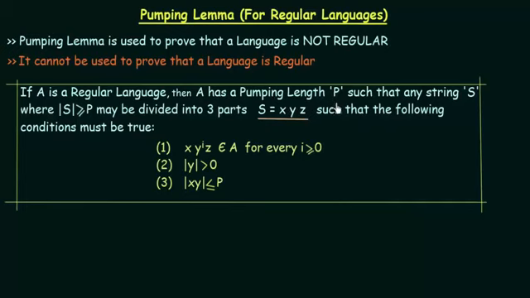It will have a pumping length P such that any string S where the length of S is greater than or equal to P may be divided into three parts.